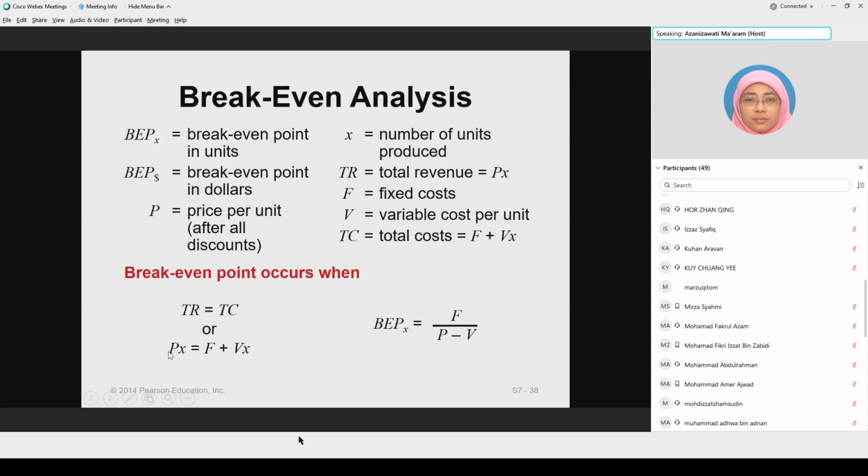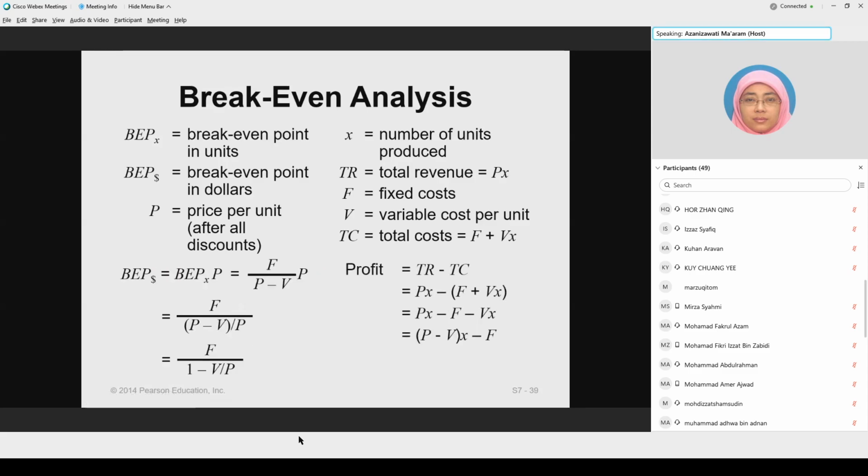It starts from here: Px equals F plus Vx, and then you collect the X, and then you will get F divided by P minus V. This is how you calculate and get the point.